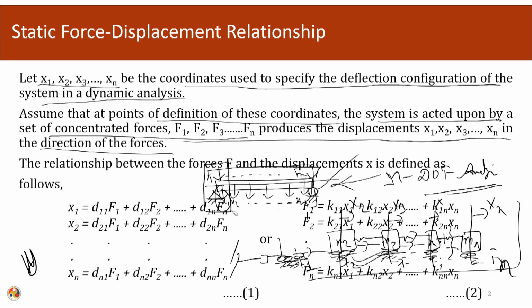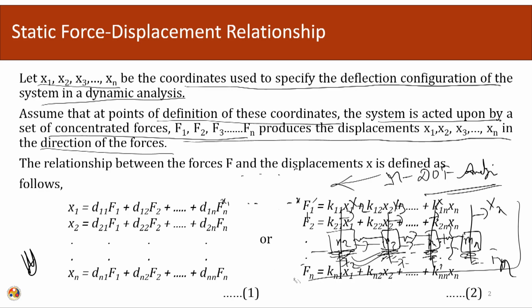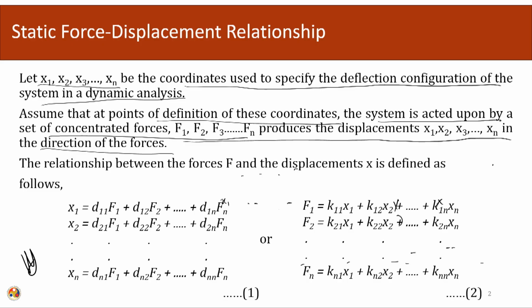So, now for this system, if we ignore the dynamic nature of the system, we are considering this as a static system. So, if we try to write the response of the system in a static sense, we can write that F1 is due to the summation of all the degrees of freedom.